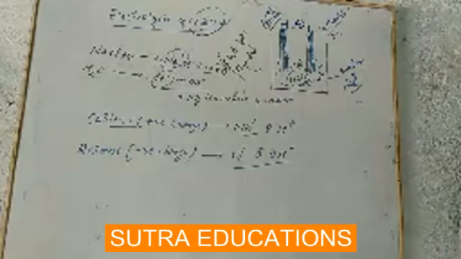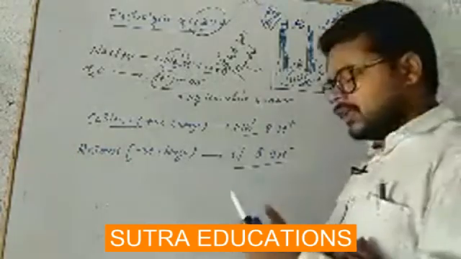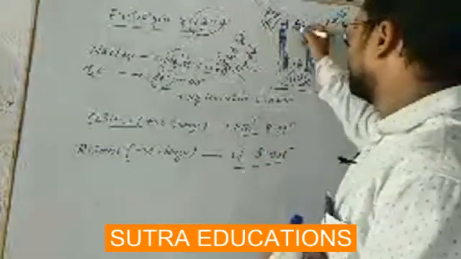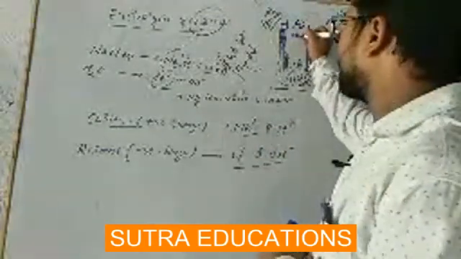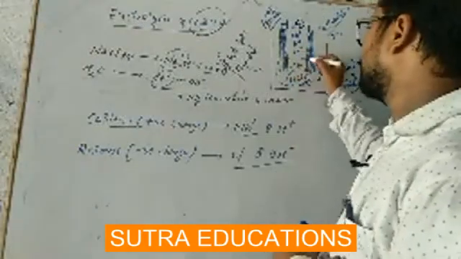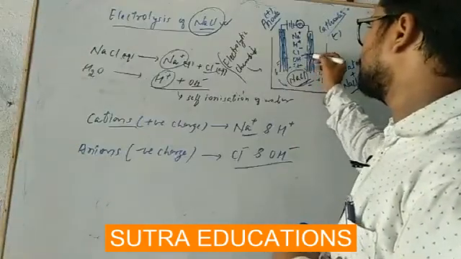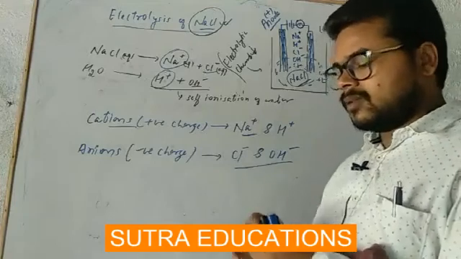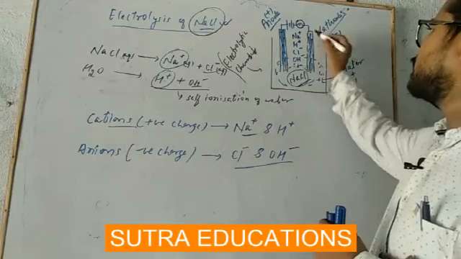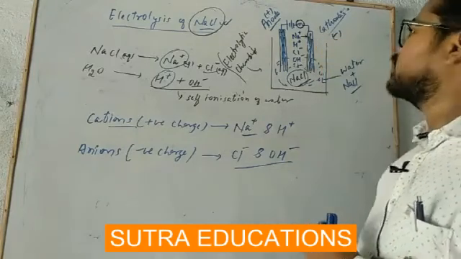So we are having four things: Na plus, H plus, Cl minus and OH minus. Na plus is positive, cathode is negative, so it will be attracted towards cathode.